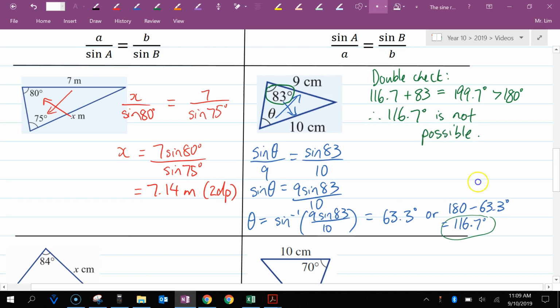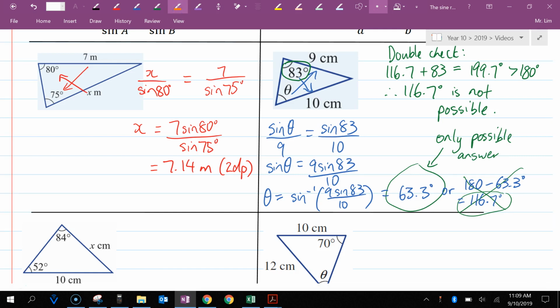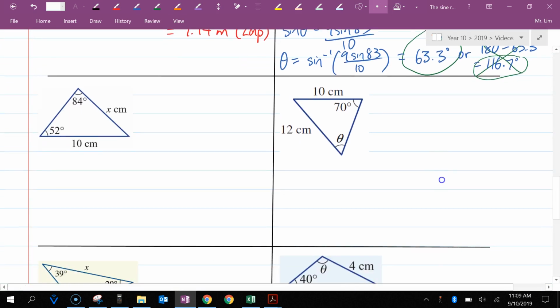So our only answer is 63.3 degrees. Only possible answer. Okay, so finding an unknown angle is always a more lengthy solution. Let's have a look at another example.